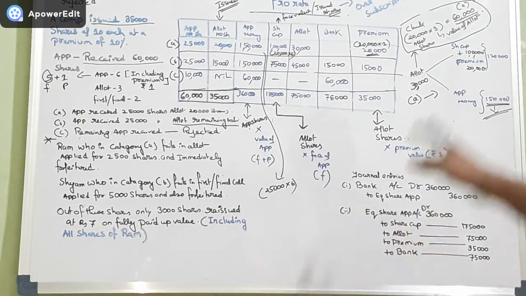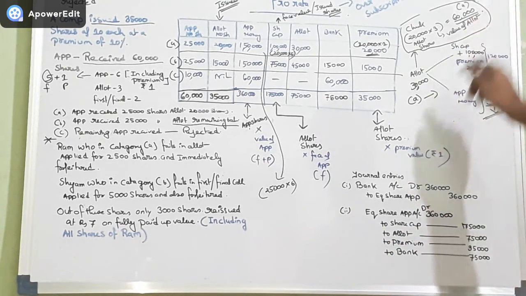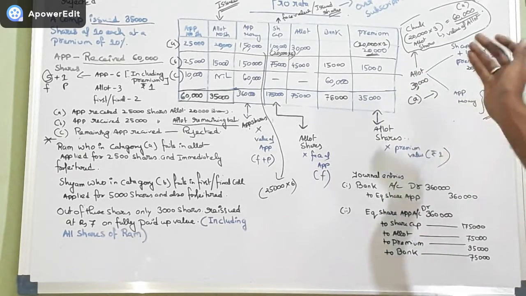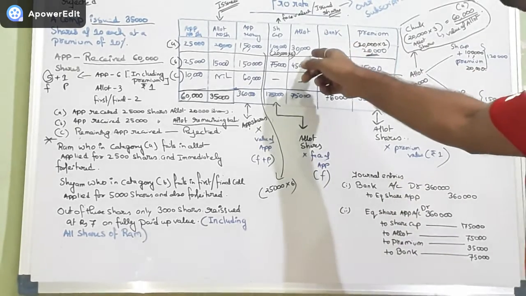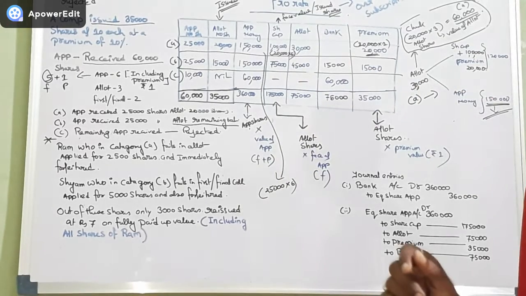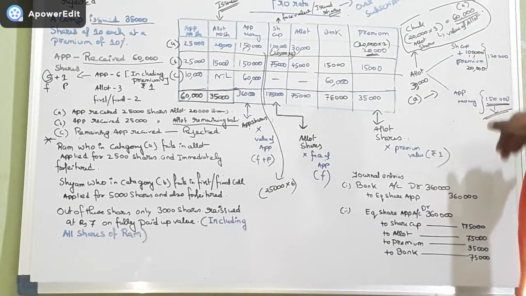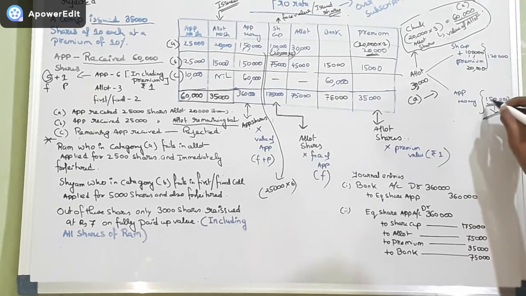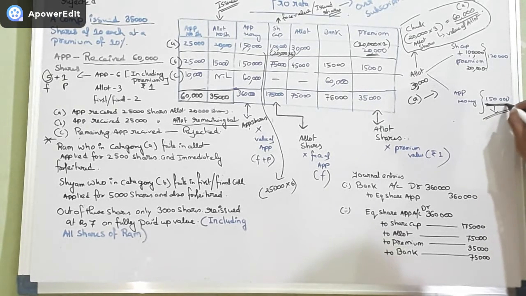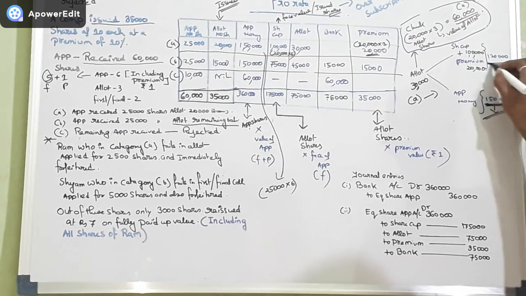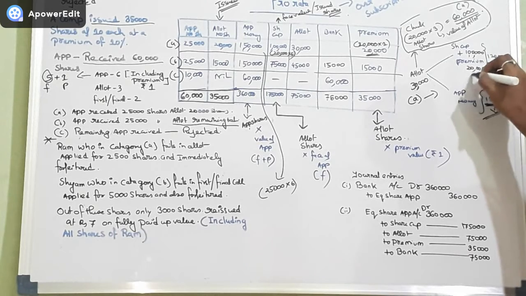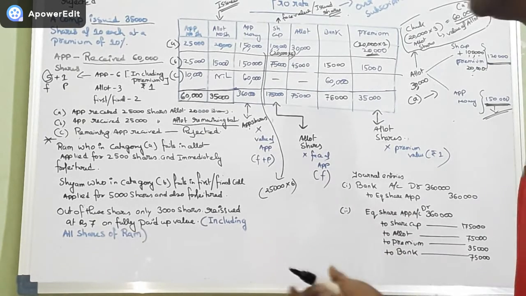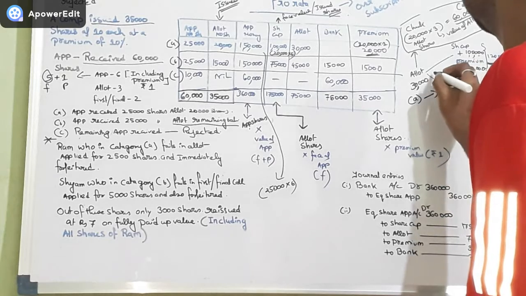Obviously it can adjust. There is a fund of 60,000 to adjust a surplus amount of 30,000. So that can be transferred. Therefore we are transferring the 30,000 to the allotment, as we cannot adjust this amount in the application. The application we have received is 1,50,000, but it can be converted into share, including premium and share capital, only 1,20,000. So 30,000 is the surplus. That surplus is being transferred to where?